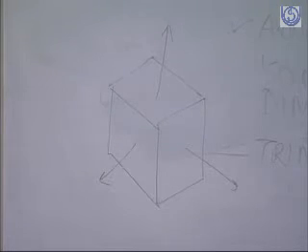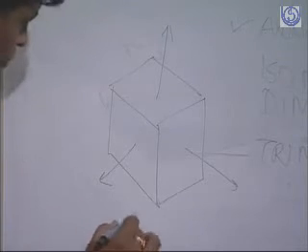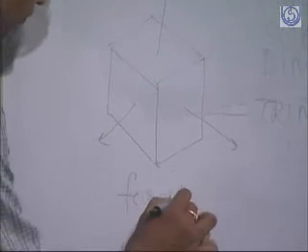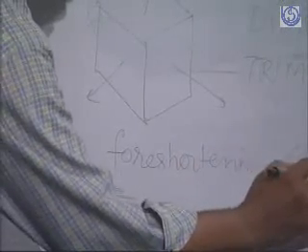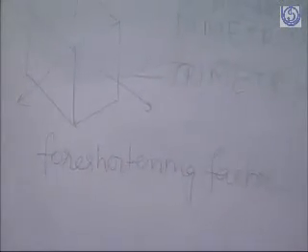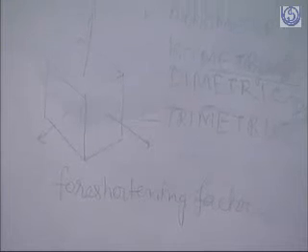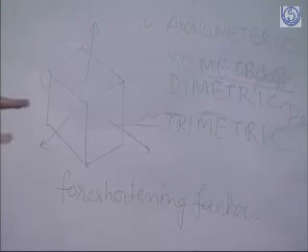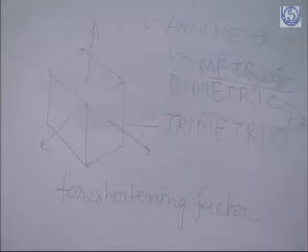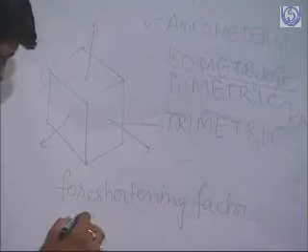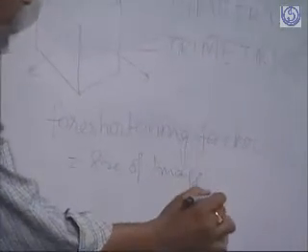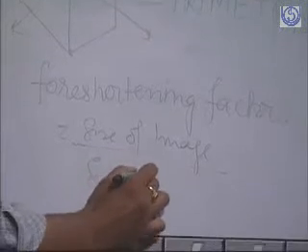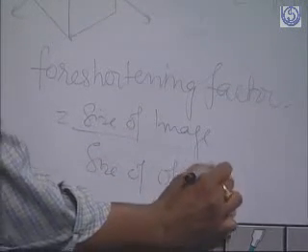Now, in the isometric, diametric and trimetric projection, we take care of the concept of foreshortening factor. What is the foreshortening factor? It is the factor by which the image of the object is reduced. That means it is the size of the image over the size of the object.